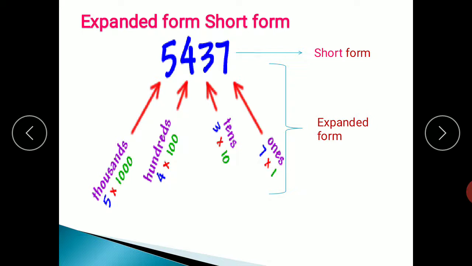The next digit 3 is in the tens place, so that is 3 into 10 is 30. Next one is 4, it is in the hundreds place, so we can write it 4 into 100, that is equal to 400. Then 5 is in the thousands place, so we can write it 5 into 1000, it will become 5000. 5437 after combining.